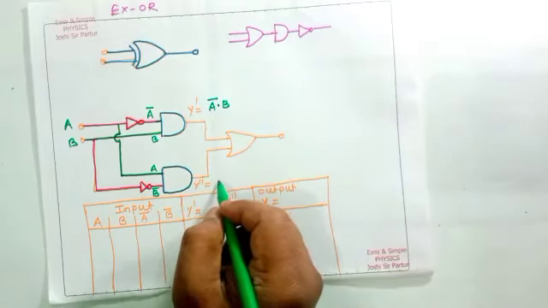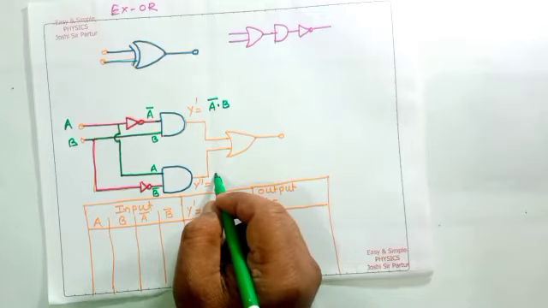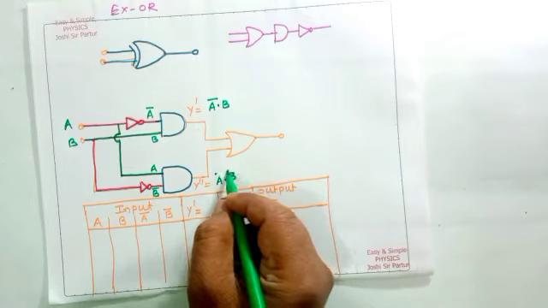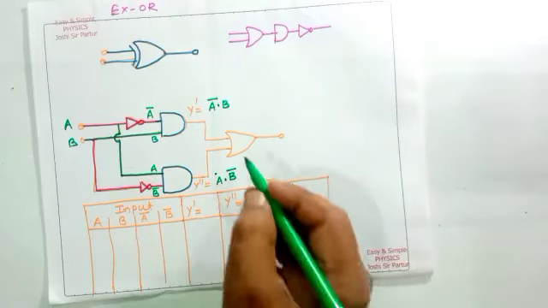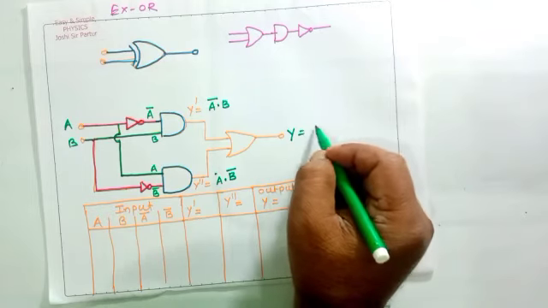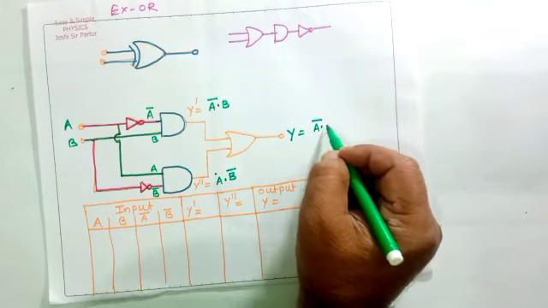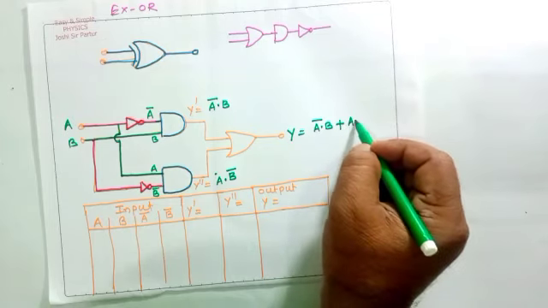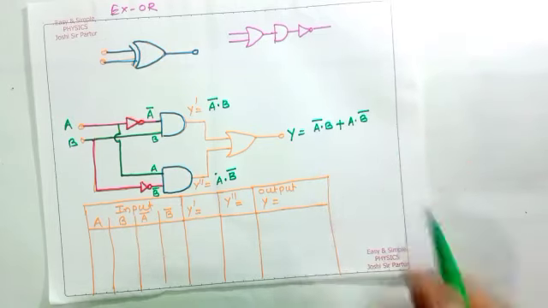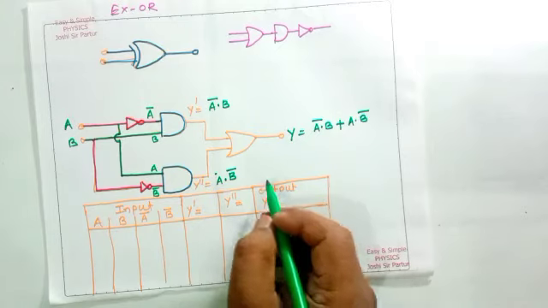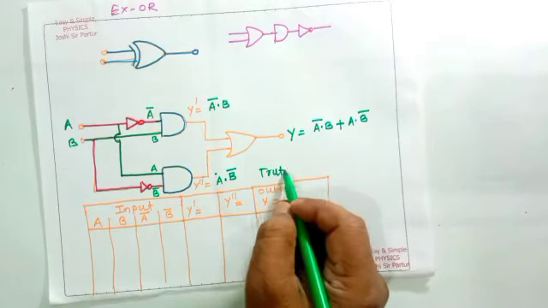Y double dash will be A and complement of B. So the output Y shows complement of A and B or A and complement B. So using this we can verify the truth table.